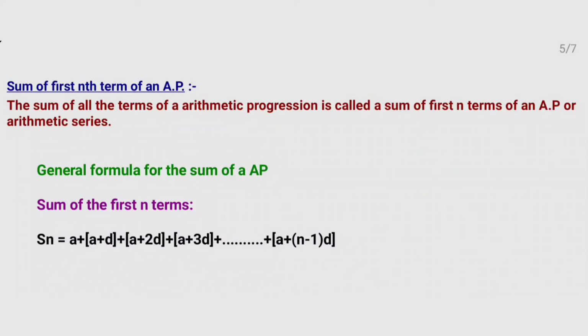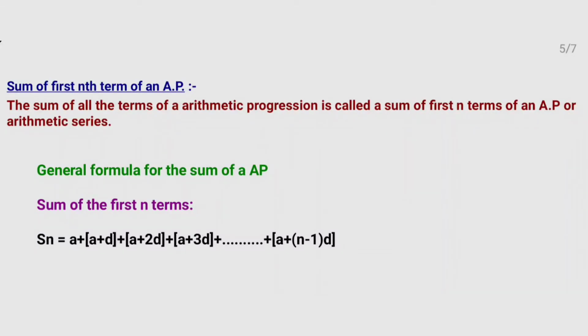So the sum of the first n terms means the sum of all the terms of an arithmetic progression is called the sum of the first n terms of an AP, or arithmetic series. The sum of the n terms of an AP is also called an arithmetic series. And sum means we have to add all the terms in an AP.